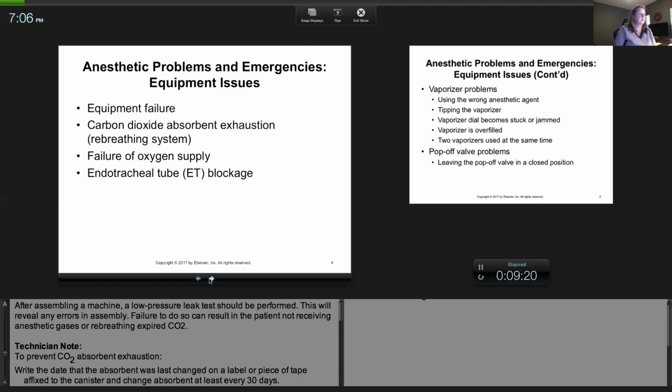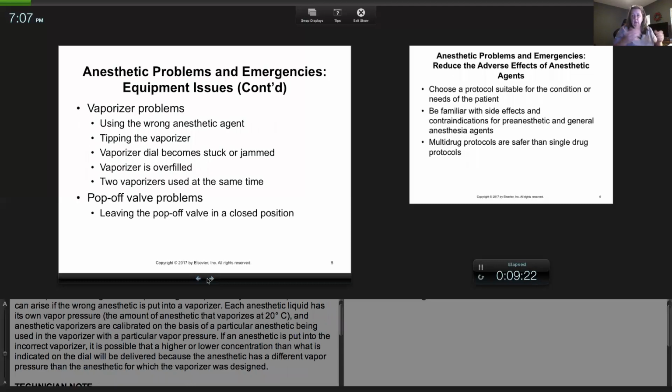And always communicate with your doctor. I know sometimes when you're new and you're in practice and maybe you don't know your doctor yet, some techs are tentative about interrupting the doctor. That's their patient, and the surgery they are doing means nothing if the patient is not alive. A beautiful surgery does not mean anything if the patient goes into cardiac arrest.